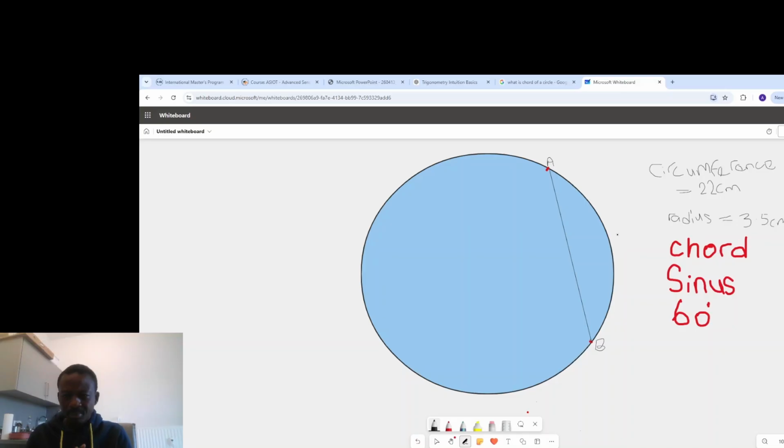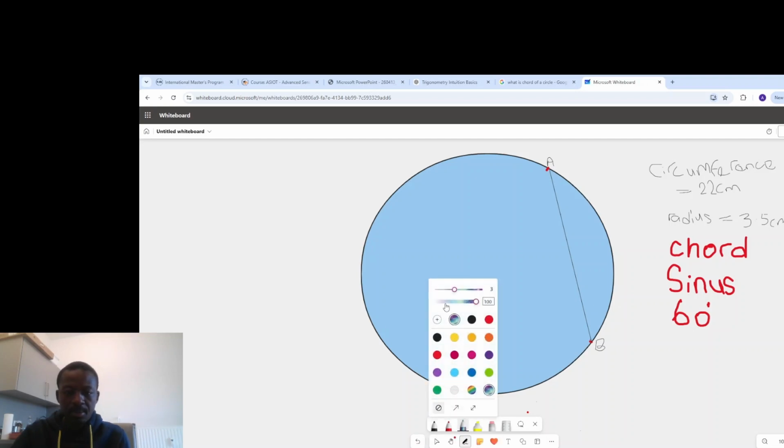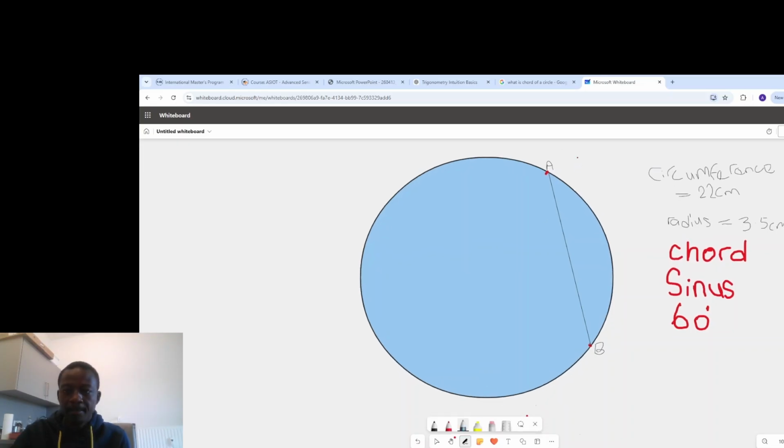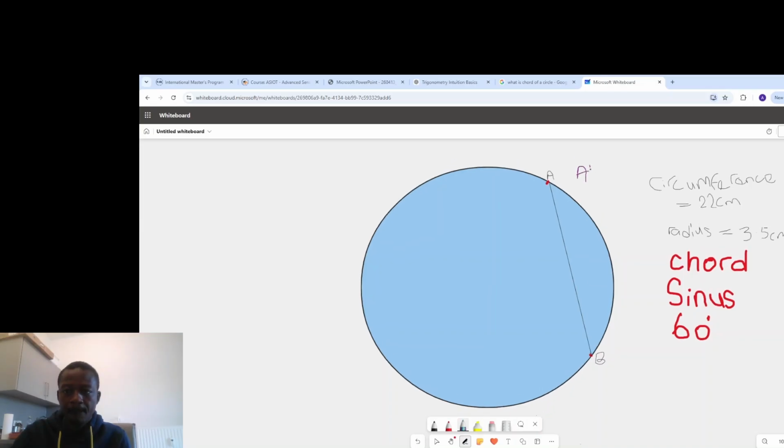And let's take it that the length of this line AB is the same length as our radius, 3.5.